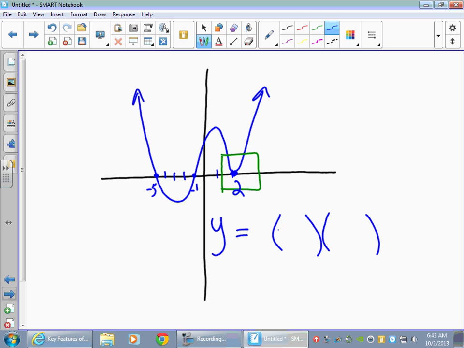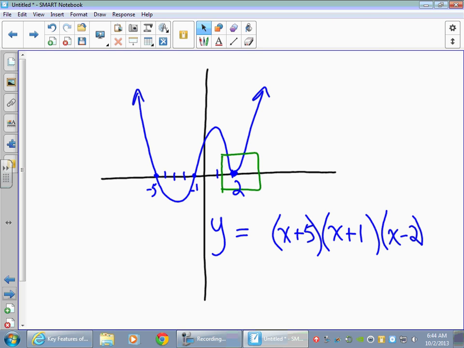So I'm going to have my x plus 5 to deal with the -5, my x plus 1 to deal with the -1. I'm going to have an x minus 2 to deal with the +2. But the fact that what I've got here is kind of a little parabola tells me that I must have actually had that section of the graph be a quadratic, or parabola itself. So this by itself, if you graphed it, would be a parabola. So it actually makes a little parabola on my graph.